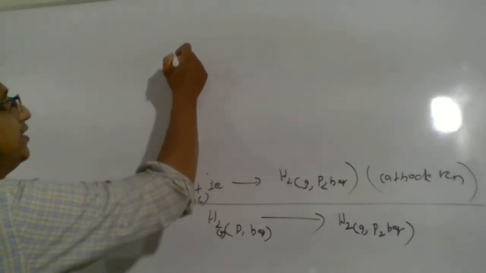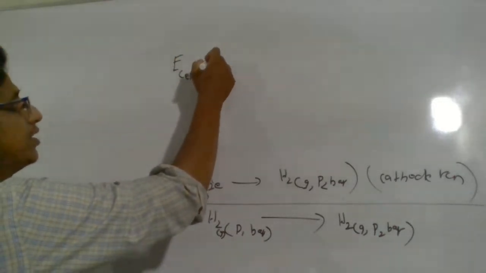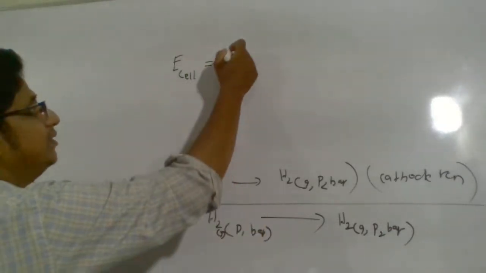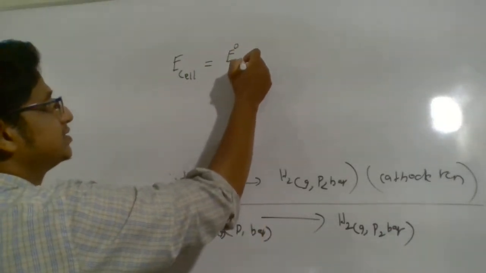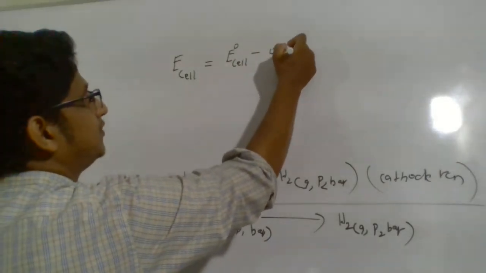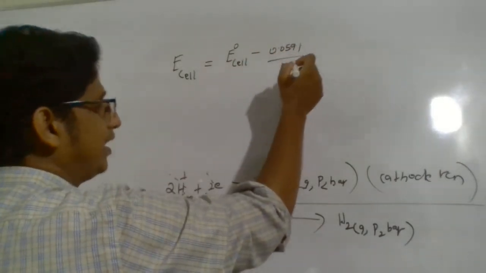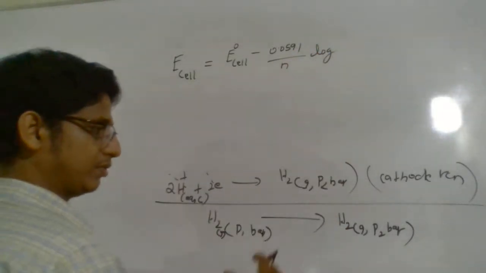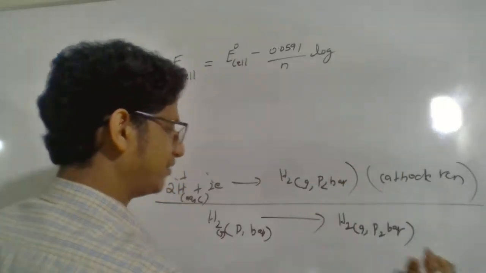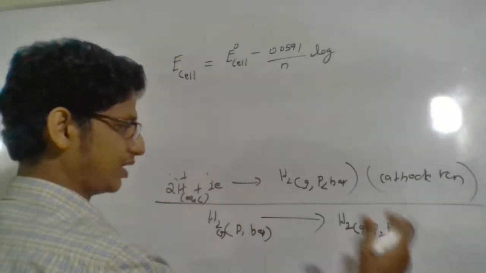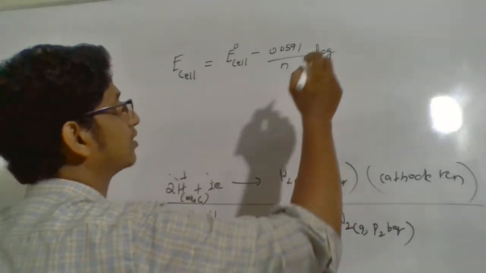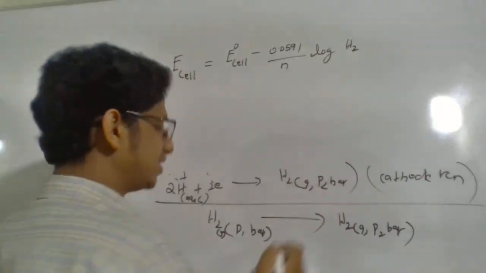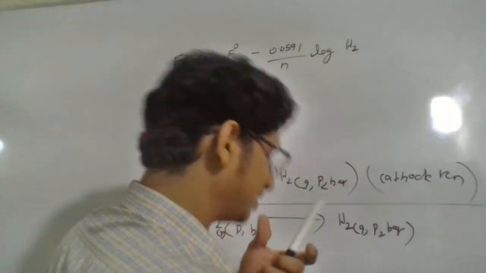So let us have an equation for E cell. The cell potential of this particular cell will be E0 cell minus 0.0591 divided by n log of the concentration of the product divided by the concentration of the reactant side. So take the right hand electrode divided by the left hand electrode. So it will be H2 gas at P2, meaning you only need to consider the pressure here.